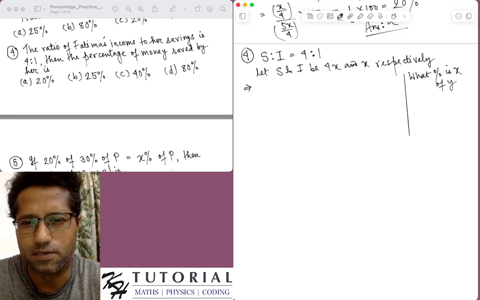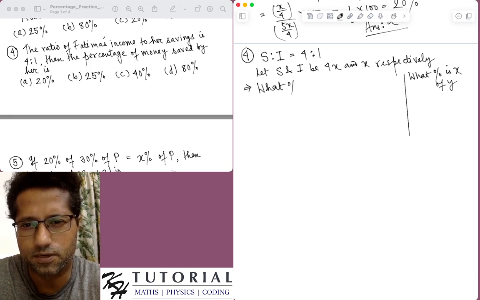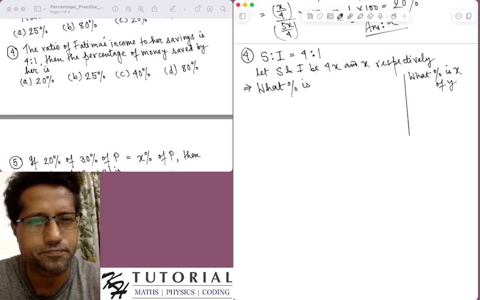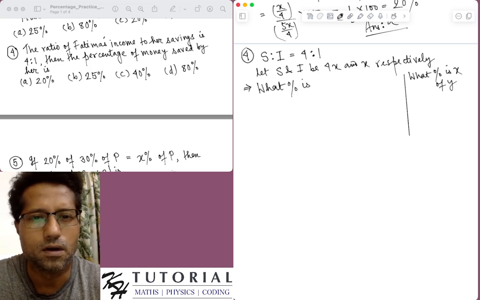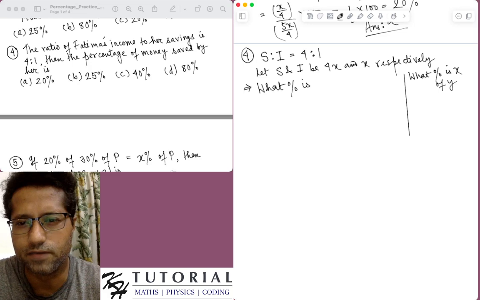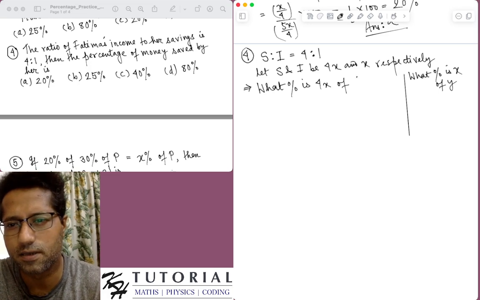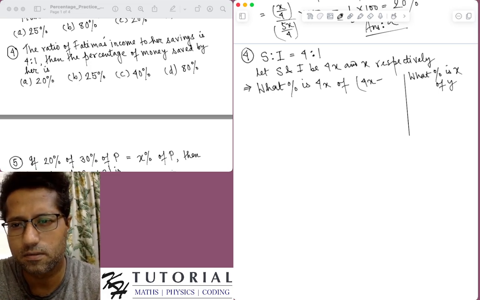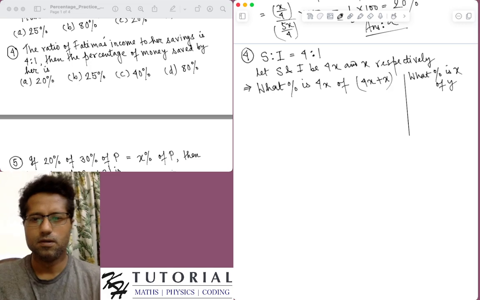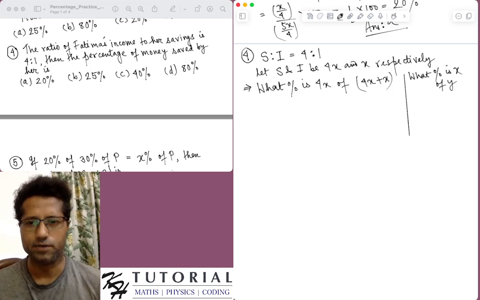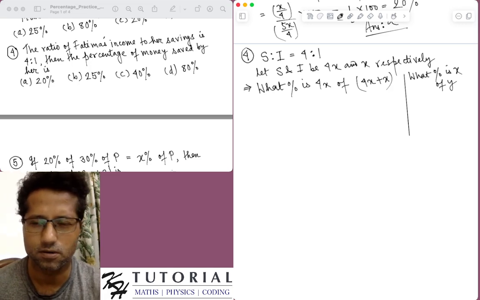So it is asking basically what percent is savings, that is savings 4x, of the income. What is the income? The income will be 4x plus x. So it is asking what percent is 4x of 4x plus x.